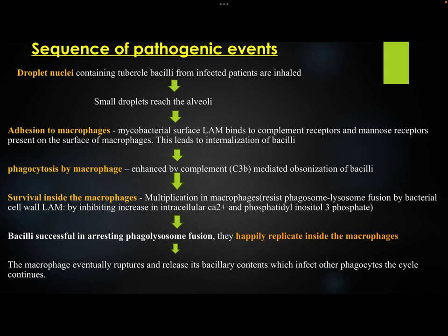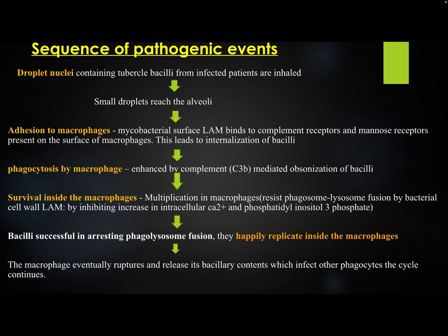There is a certain sequence of pathogenic events that takes place during this infection. When we inhale the droplet nuclei containing tubercle bacilli from infected patients, the bacilli reach the alveoli. The next step is adhesion to macrophages.